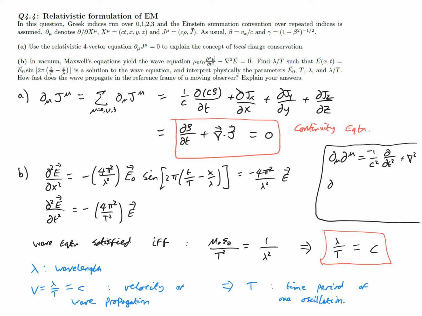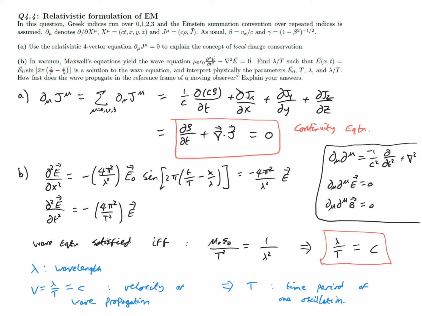So we can write, and we also have one for the magnetic field. And we have to be a little bit careful here because, of course, E and B are not 4 vectors. So these are not actually 4-vector equations. However, we can, of course, reformulate this in terms of the 4 potential.